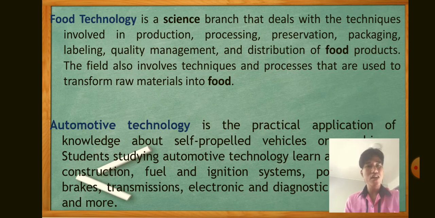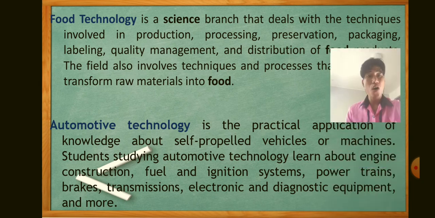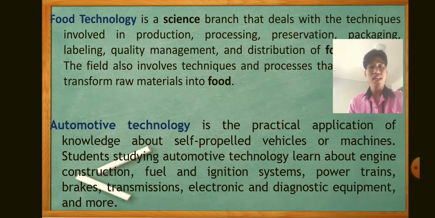Automotive technology is the practical application of knowledge about self-propelled vehicles or machines. Students studying automotive technology learn about engine construction, fuel and ignition systems, powertrains, brakes, transmissions, electronic and diagnostic equipment, and many more.